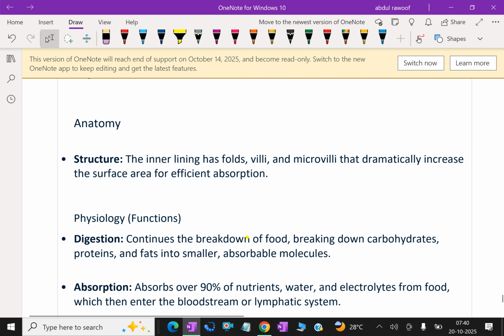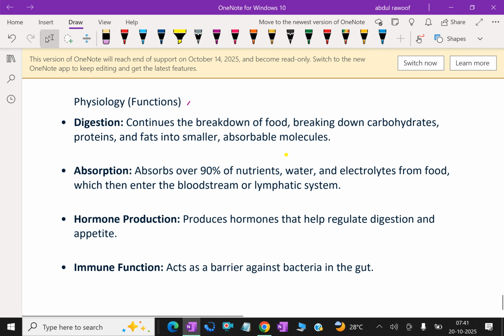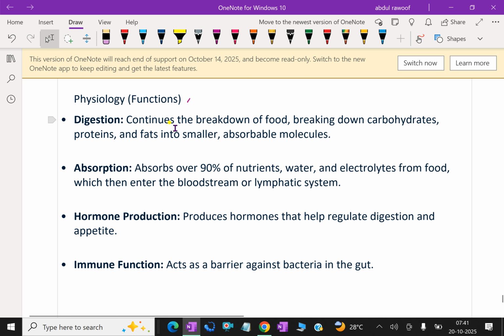What about the anatomy? The structure: the inner lining has folds, villi, and microvilli that dramatically increase the surface area for efficient absorption. Physiology, that is functions. Digestion continues the breakdown of food, breaking down carbohydrates, proteins, and fats into smaller absorbable molecules.